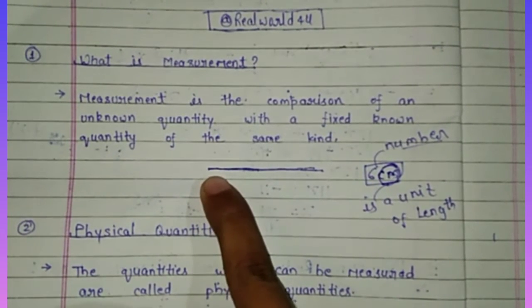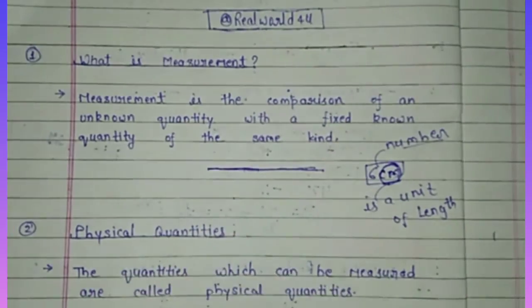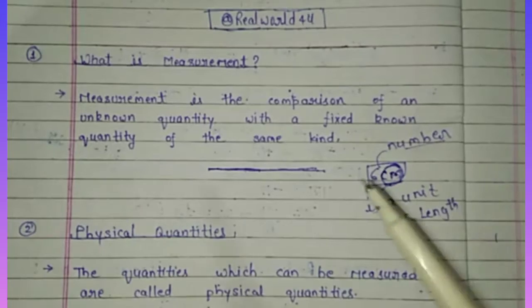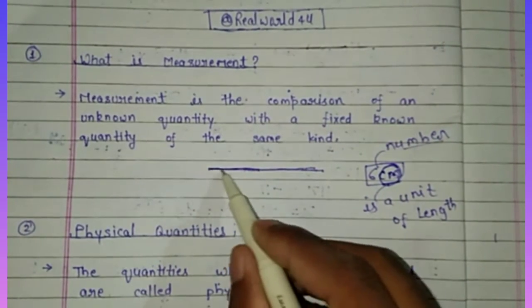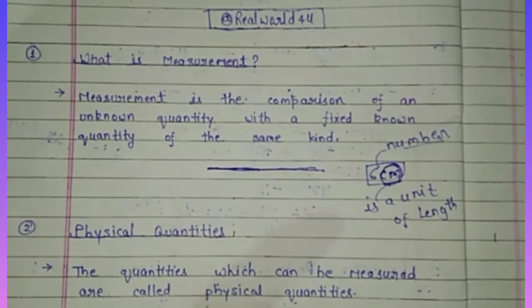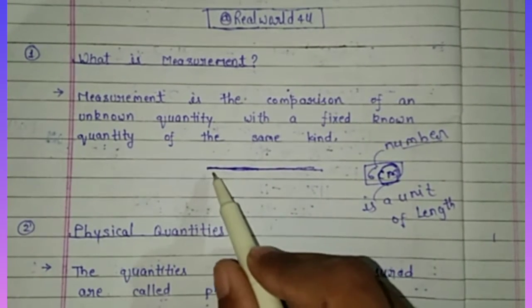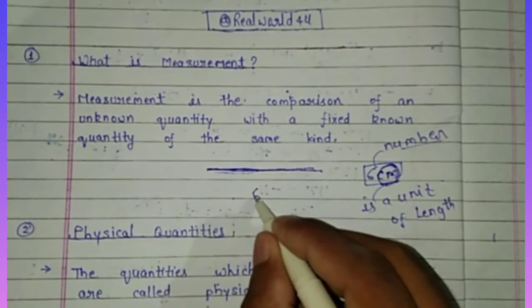That is what the definition says: measurement is the comparison of an unknown quantity with a fixed known quantity of the same kind. We had the unknown quantity, that is this line, and we had to measure this length, and we had already a known quantity, that is cm. We compared this line with this cm, and we have got this reading as 6 centimeter.